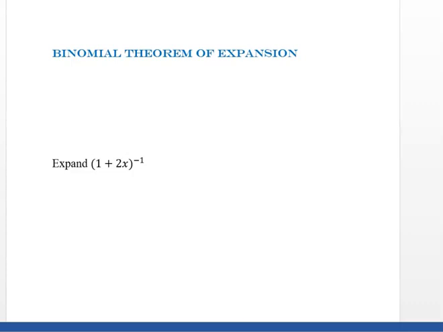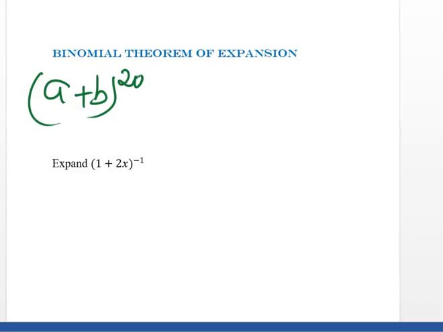What then can we do when the power n is very large? What do we do when we have instead (a + b) to the power 20 to expand? It becomes so cumbersome.